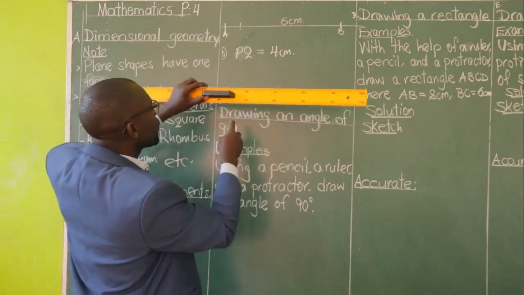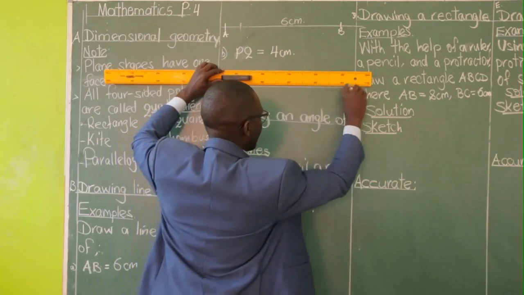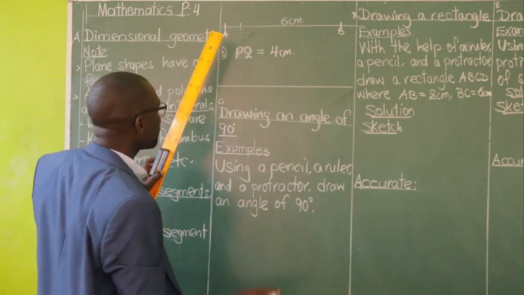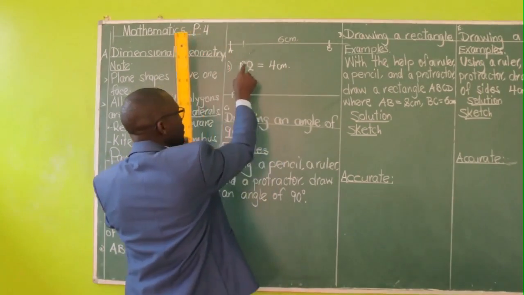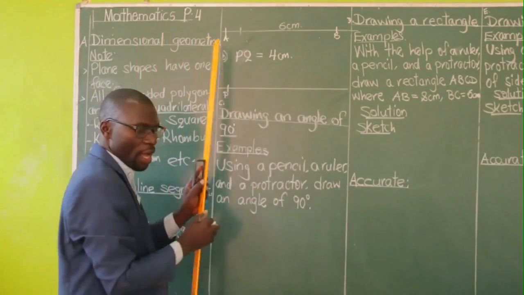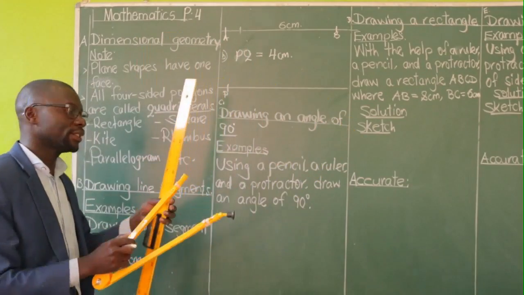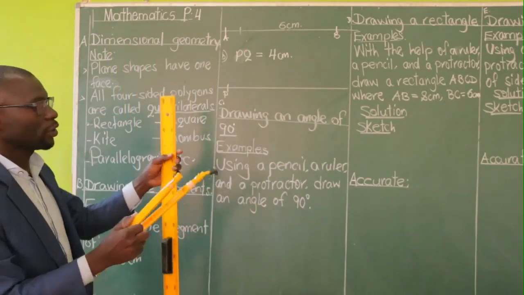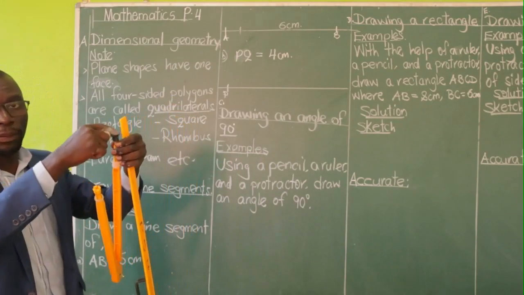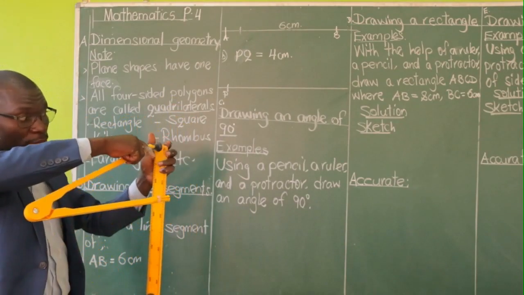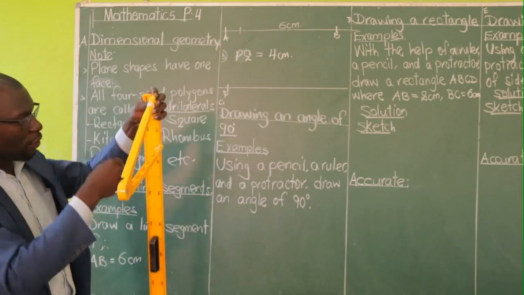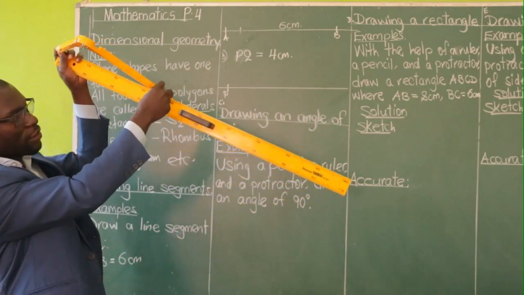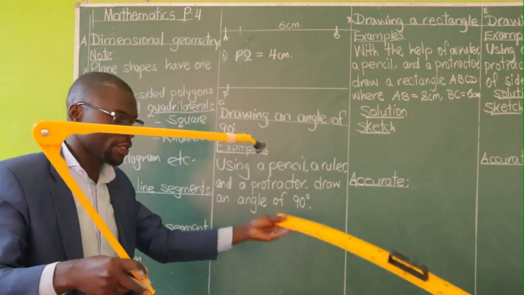Now, if we are to use a pair of compasses, we are going to put our starting point here. This line is PQ. Let's put P there. And we shall get our compass and put our pencil there. And we shall put this sharp point of the compass, that needle, the one that can prick you, at 0 and stretch the compass up to 4 centimeters.